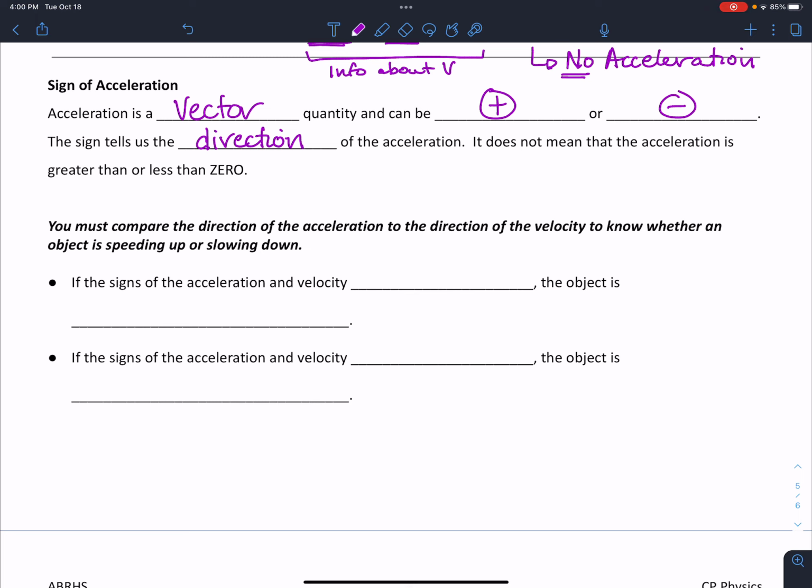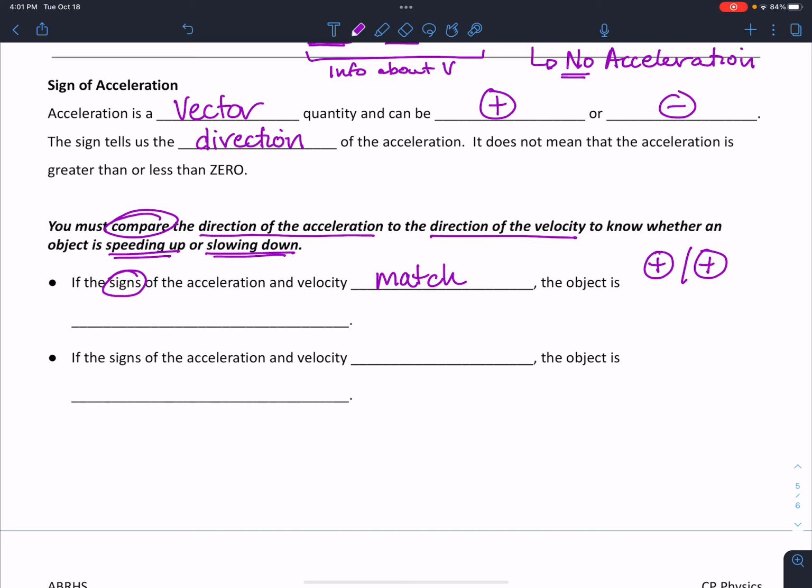Now, you must compare the direction of the acceleration and the direction of the velocity. So we need to look at the signs of these two variables to know whether an object is speeding up or slowing down. There's a general rule of thumb about these. If the signs of these two variables, acceleration and velocity, match, so both positive or both negative, then the object is speeding up.